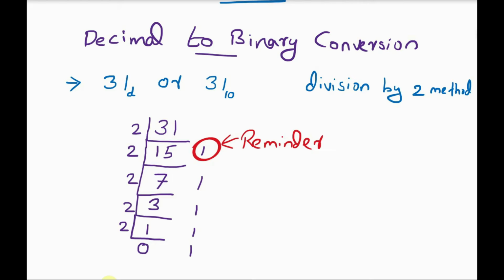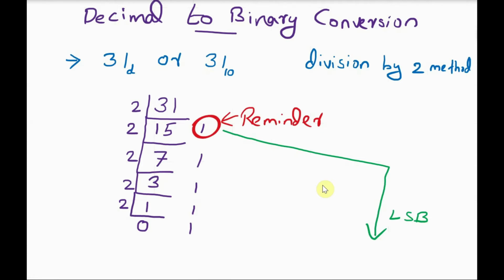So you'll get a sequence like this. The first remainder you got will be the LSB. That is 1. The next remainder will be the next digit, that is also 1. Again, the next remainder is the next digit, again it is 1.